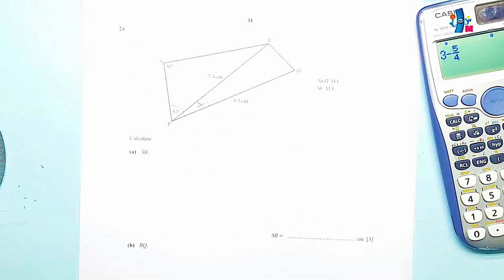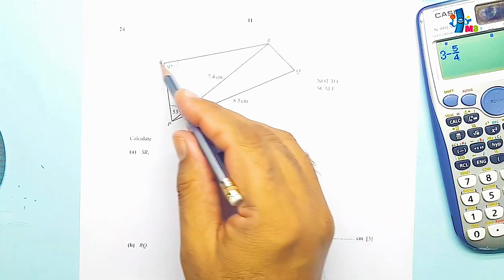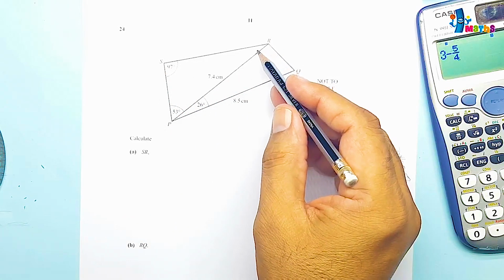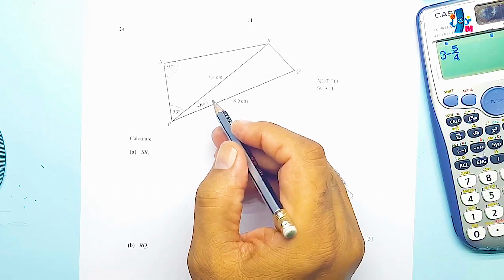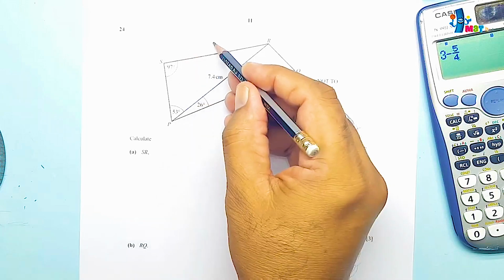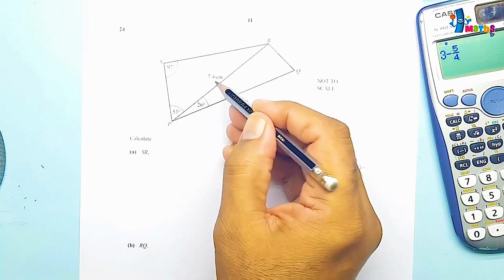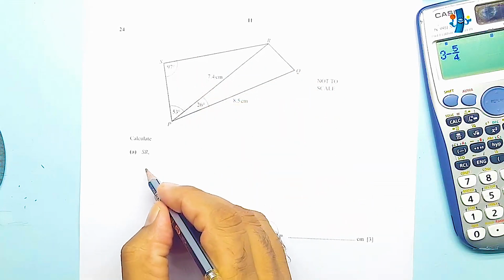Next is question number 24, in which two triangles are given. We have to calculate SR. SR is this side. So this over this will be equal to this over this. We can apply the sine rule.